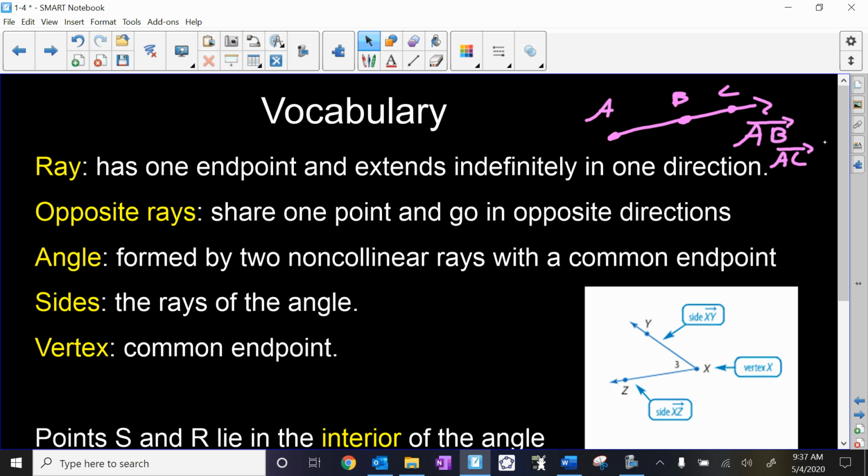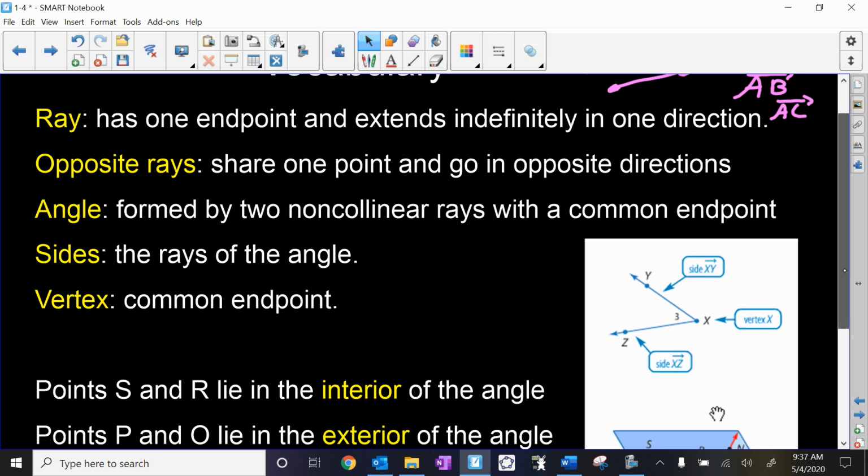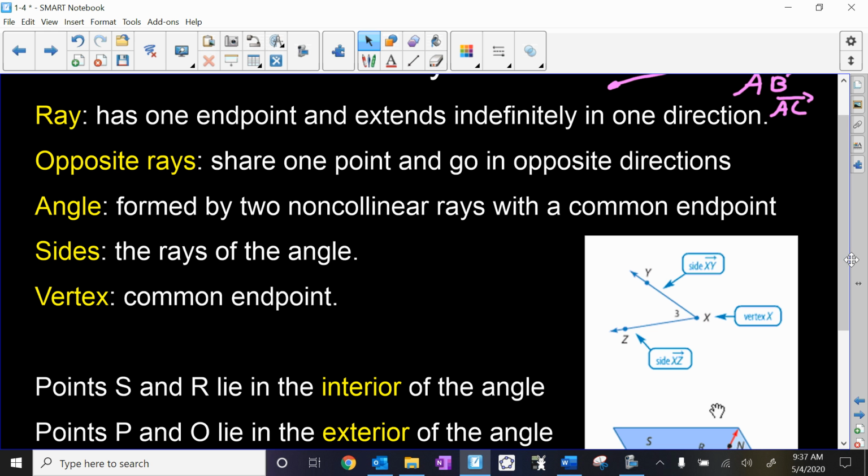The next vocab word, opposite rays, that is just a fancy term for a line. It shares one endpoint and go in opposite directions. It's basically a line. What I'm more concerned about now is the terms angle, sides, and vertex. An angle is formed by two non-collinear rays.